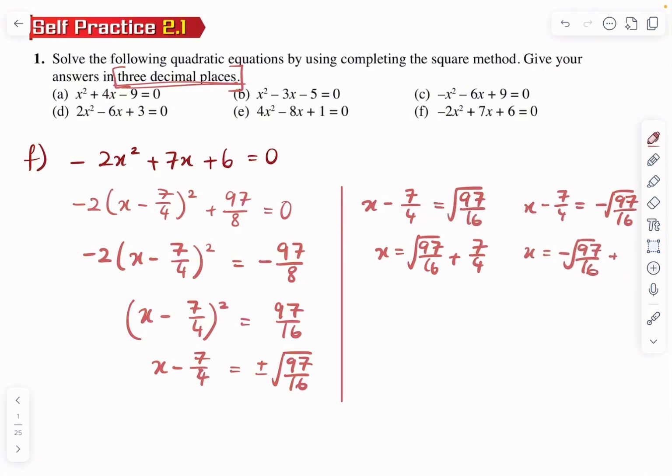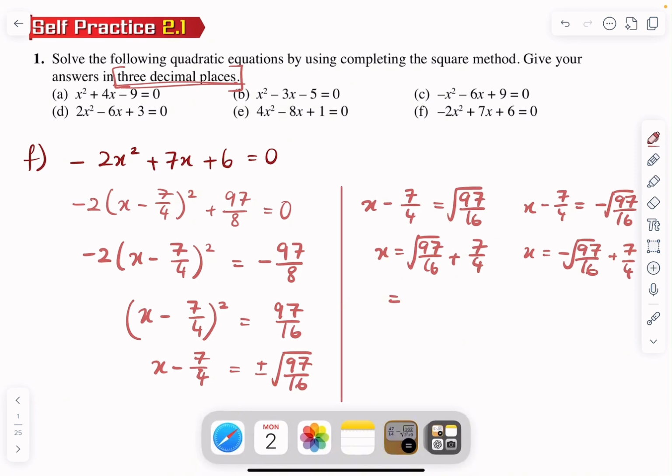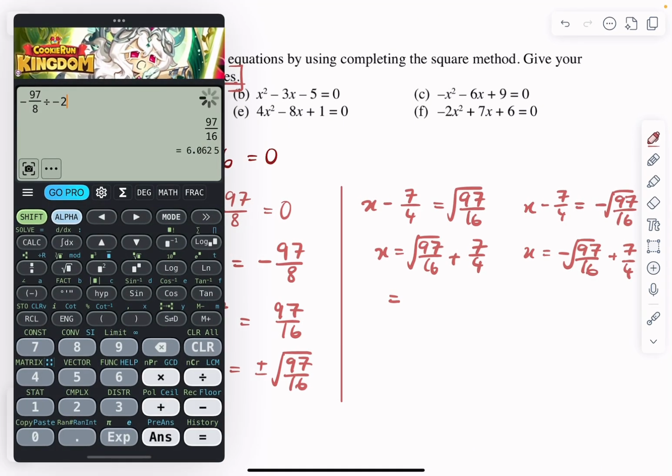Plus 7 over 4. So this one we just type it in our calculator. Square root of 97 over 16 plus 7 over 4 is 4.212.